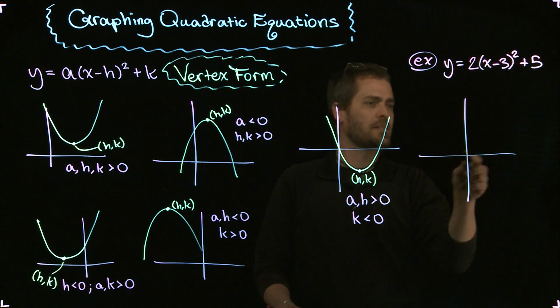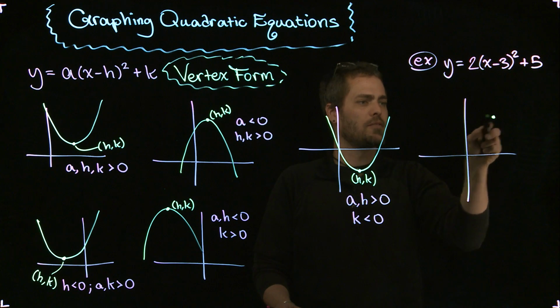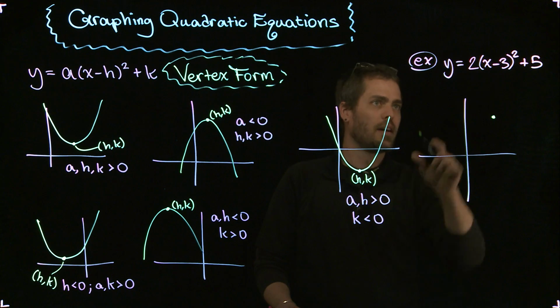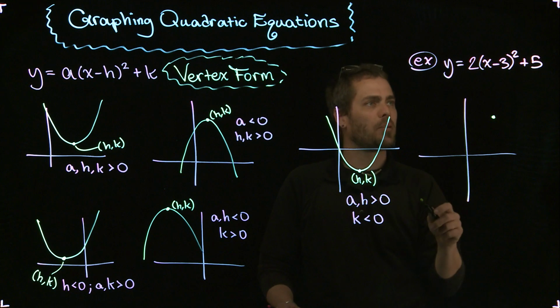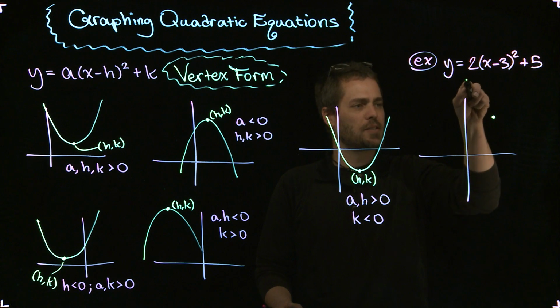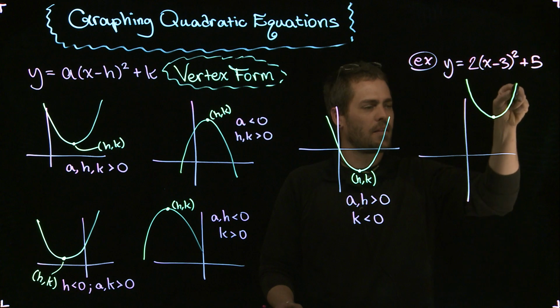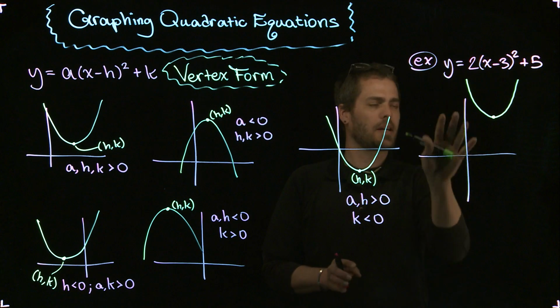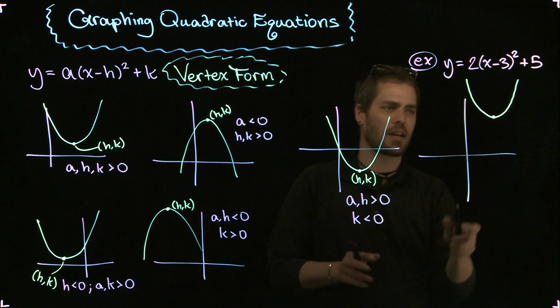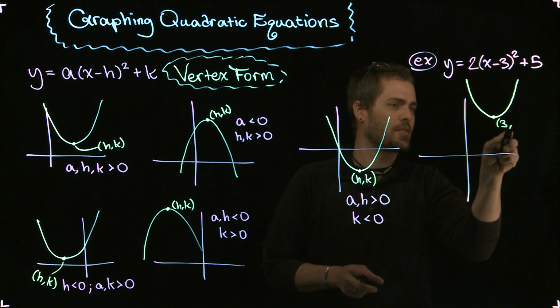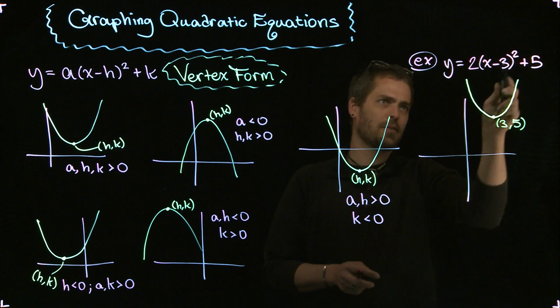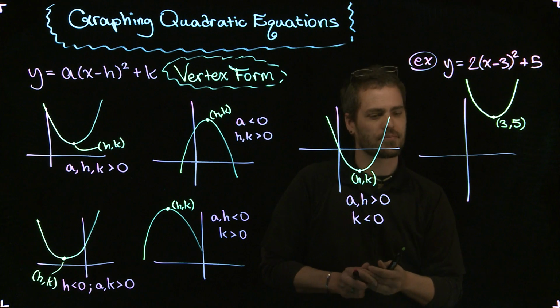So the vertex is in the first quadrant, at 3, 5. I can tell from this that it's going up. I'm not sure how steep, but let's just say something that looks like that, generally. I know exactly where the vertex is. It's at 3, 5. And I know it goes up because a is positive.